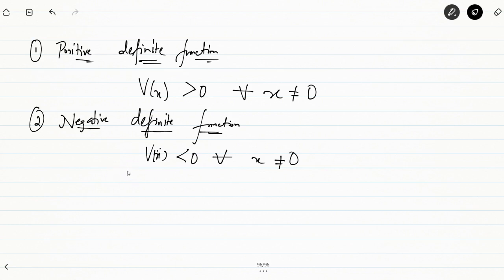So minus v of x in that case is actually a positive definite function. So for example, we have v of x equal to x1 square plus x2 square. So for all x not equal to 0, you will see that v of x is greater than 0 and therefore it represents a positive definite function.